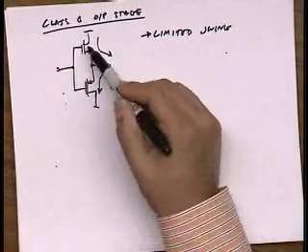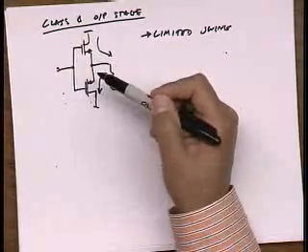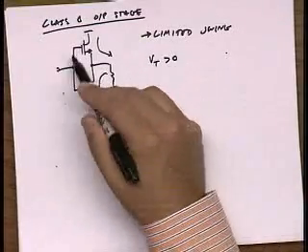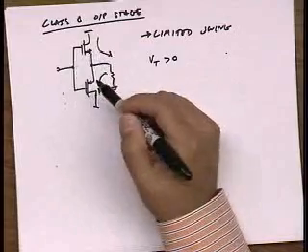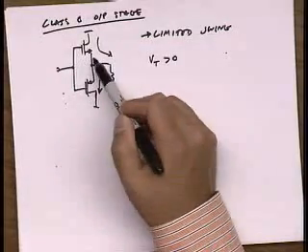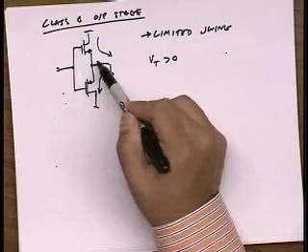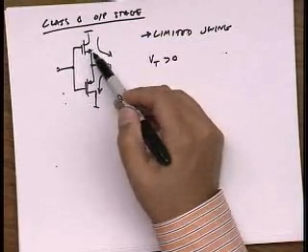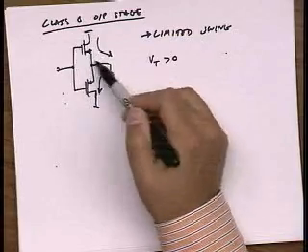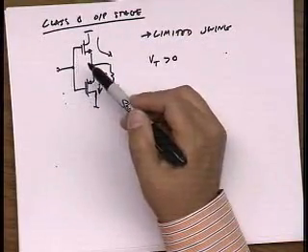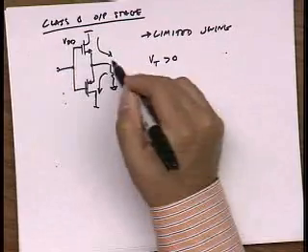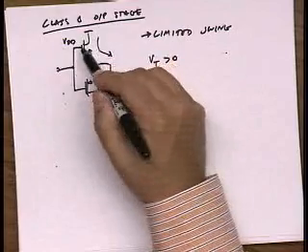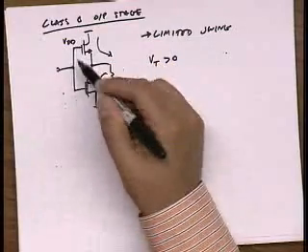If these were 0 VT devices, I would have good swing. But unfortunately, since VT is bigger than 0, that ultimately limits my swing. Even if I put a full VDD here, I still have to drop a VGS here. And even if I take this device so its overdrive voltage is very small, I still have a VT in my VGS. And so this over here can't go much higher than a VT below VDD.